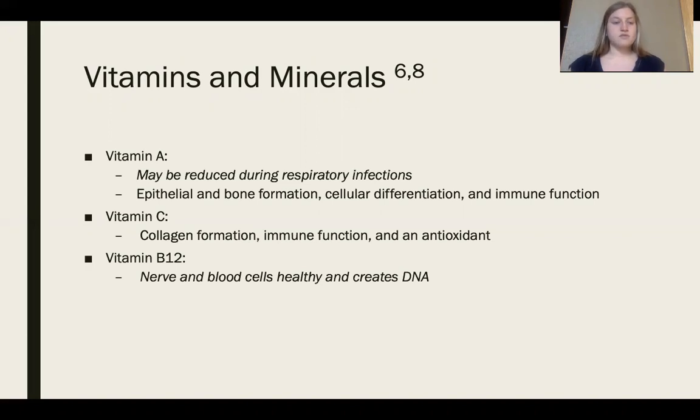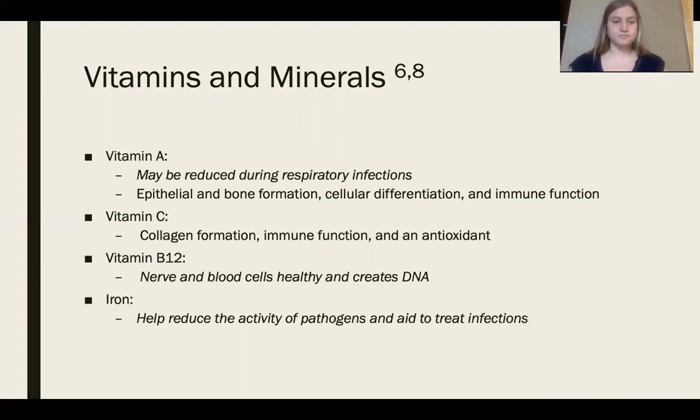Vitamin B12 helps support nerve and blood cells to make them healthy, as well as creates DNA. This one is typically one of maybe the most important vitamins because, as you know, with our blood supply, we need a lot of healthy cells in order for us to heal. And lastly, iron. They found that iron may help reduce the activity of pathogens and aid in the treatment of infection.